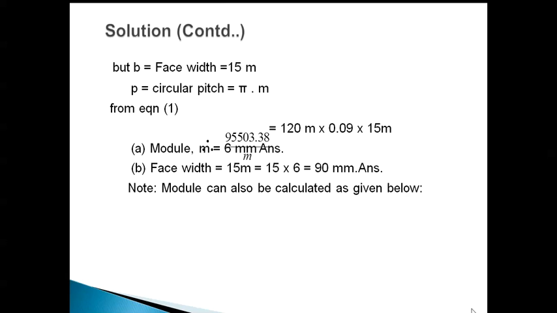From that, by substituting the values, we got the module m as 6 mm, and face width is 15 into m, that is 15 into 6, that is 90 mm.